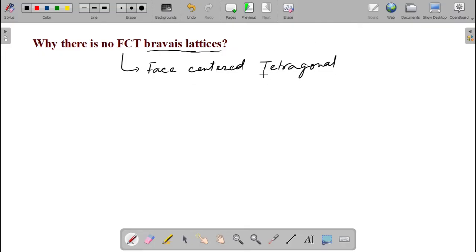In the case of tetragonal Bravais lattices, you have the condition that the lattice parameters A, B, C are such that A is equal to B, not equal to C, and the angles alpha is equal to beta is equal to gamma is equal to 90.